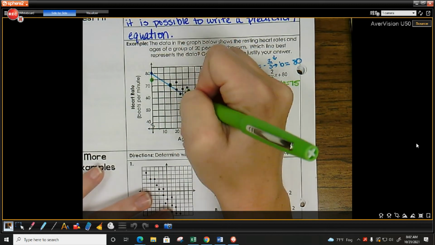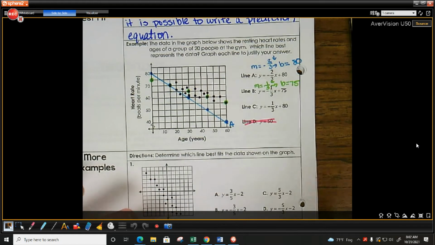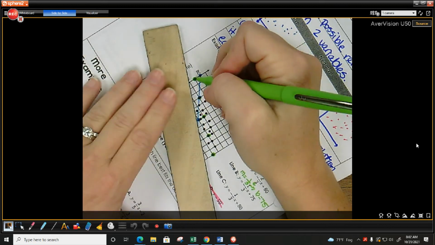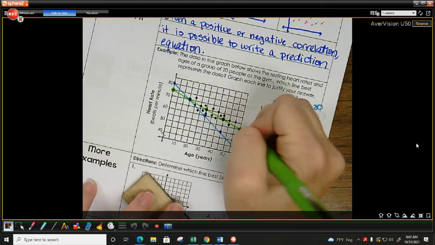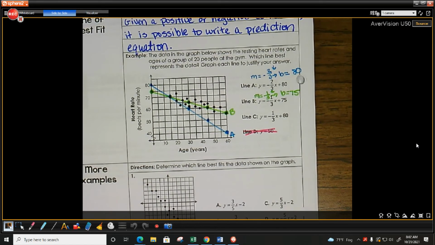Down 1, right 3. And draw your line. So that one's B. Does that green one, my B line, look pretty good?